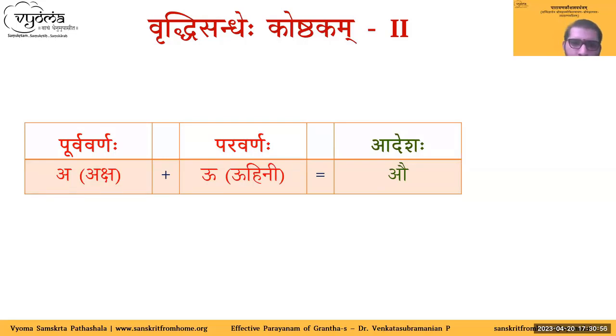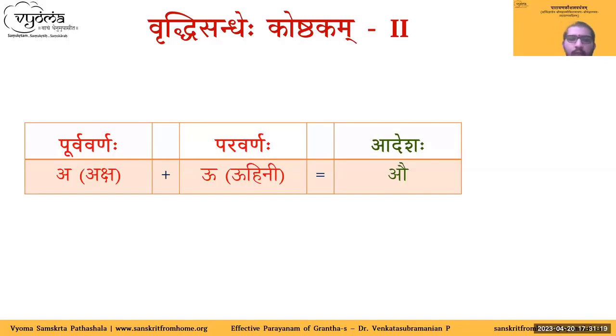We saw many examples like Gunopetaha, Guna Upetaha. Sa cha sarva gunopetaha was the shloka given. In Guna Upetaha, on the left hand side we had Akara, on the right hand side we had Ukara. In place of those two letters, we got Okara as the Adesha.